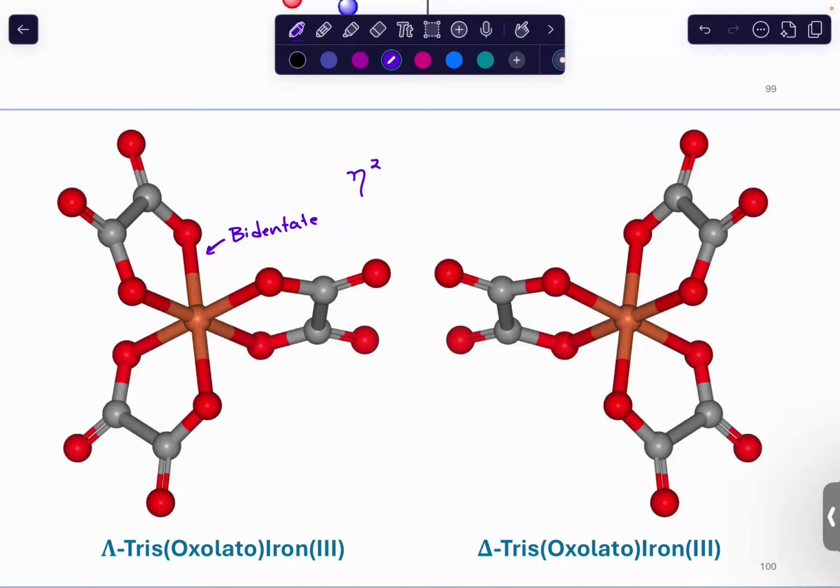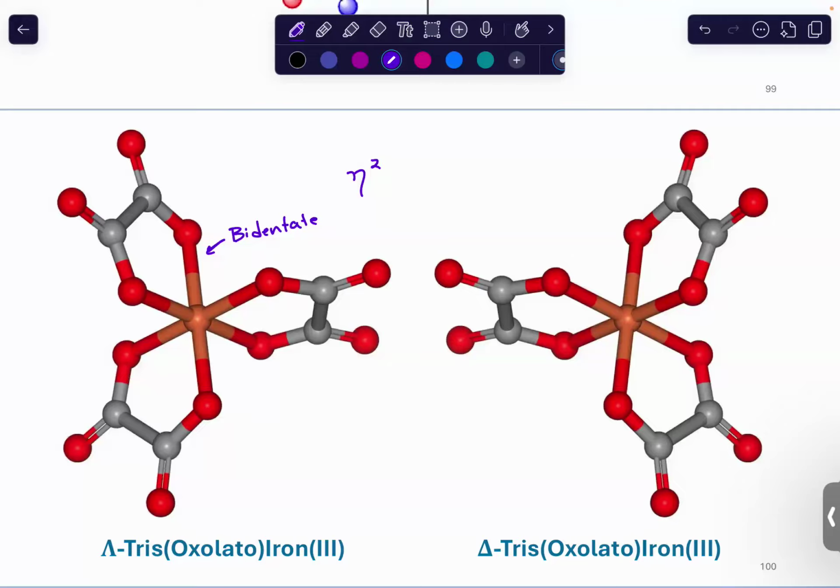So again, remember your lambda is a left-handed or anti-clockwise helical twist. Delta is a right-handed or clockwise helical twist. And how do you assign priority for that? Like with chiral things, one of them is the most important based off of molar mass, and then you go counterclockwise or clockwise.